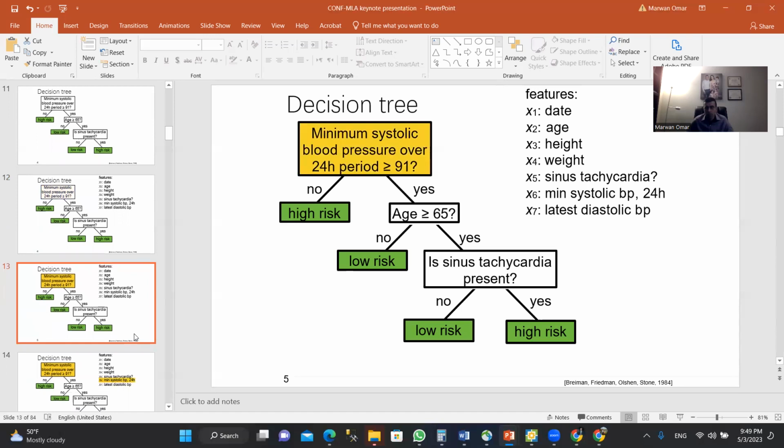So we check the minimum systolic blood pressure over a 24-hour period, and that again will be feature number 6. The numbering of the features is important, but the ordering of the input features is not of importance. Feature number 6 could be feature number 1 or feature number 2, etc.